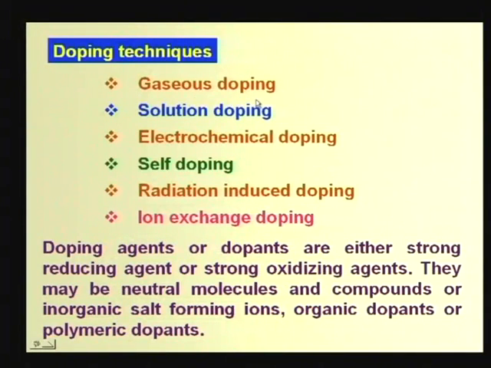Otherwise, if you want to dope with other foreign agents, then either you have to take a solution of that dopant in a suitable solvent, and you have to have a polymer solution in the same solvent or other solvent which is miscible with the solvent of the dopant. Then you mix these two, then cast a film, you can get doped polymer film. That is called solution doping.